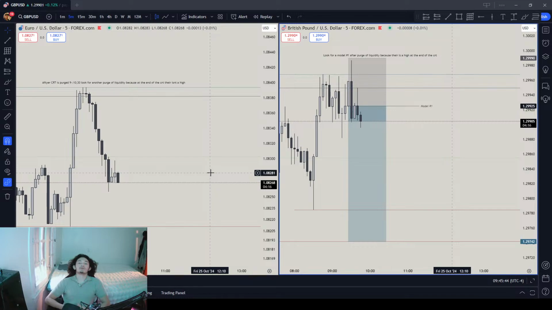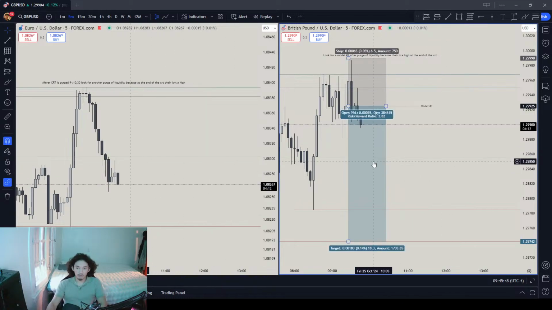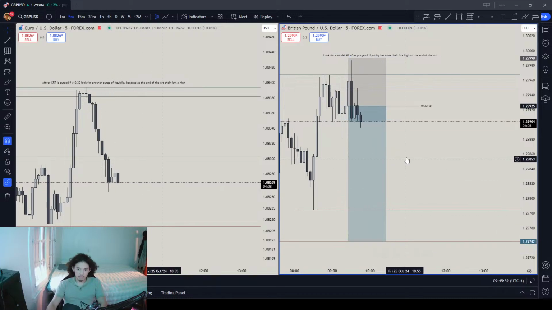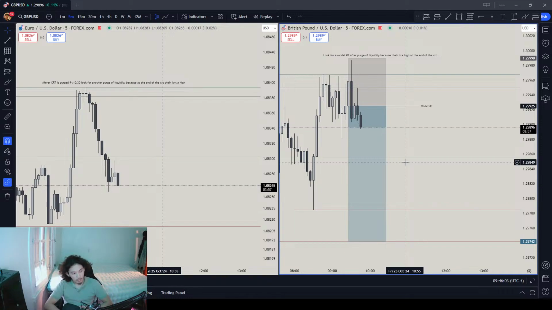At the TP1, which is the green area right over here, I'm gonna break even and do some partials, which is gonna be 40%, 30%, 30%. Oh shit, I don't know what's 40. Hey Siri, what's 40% of 1.92? That would be 0.768.